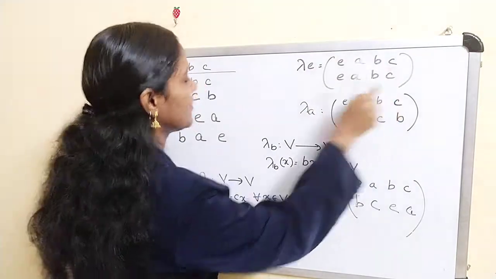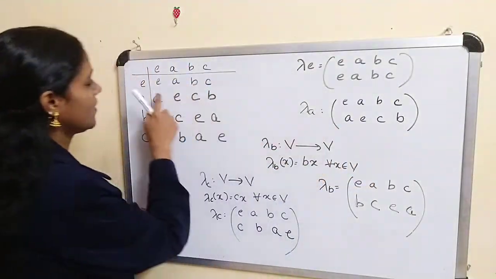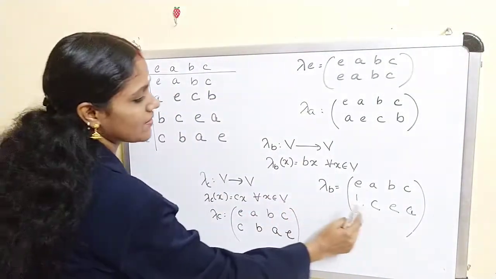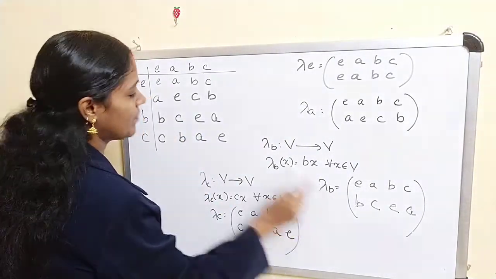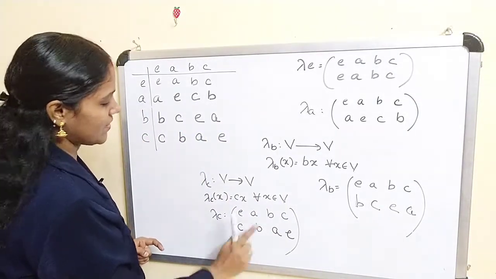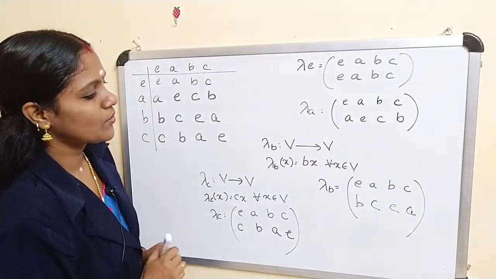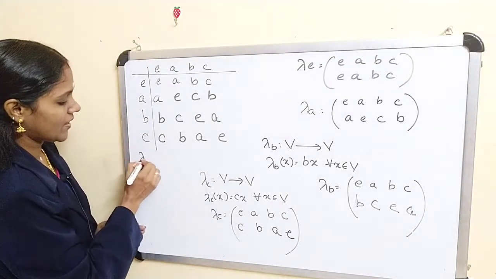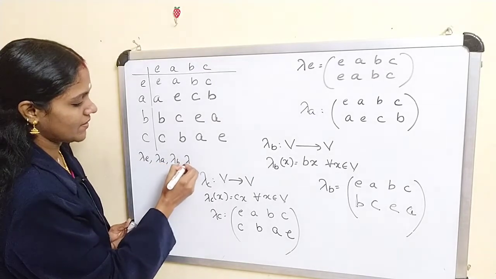Here this is the first row of the table, and here these elements are the second row, the image of A, and this is the image of B. Lambda B is the table row containing B, and lambda C is the row containing C. Thus we get permutations lambda E, lambda A, lambda B and lambda C.